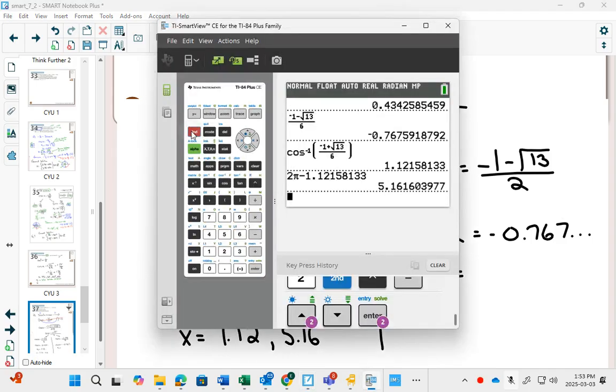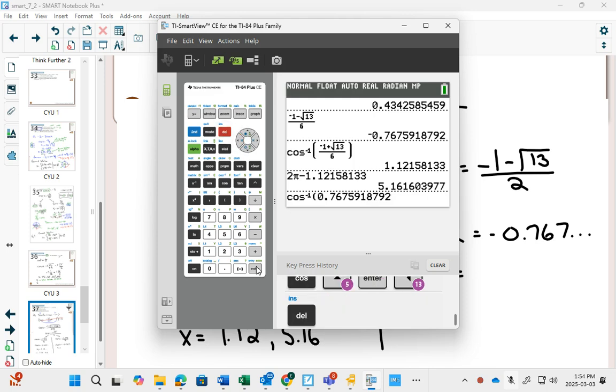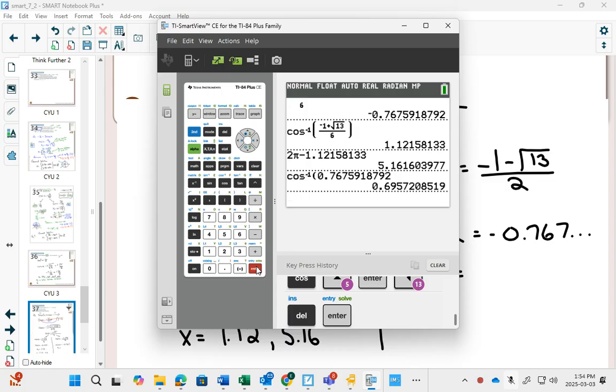Find my reference angle for the other one too, so I go cos inverse of this answer. Now, when we do a reference angle, we always do it positive. So either option 1, I could just keep going back, doesn't take too long, and delete that negative and push enter. Or, quicker, you could just take that answer and go times negative 1. That would force it to be positive as well. My reference angle, 0.695.